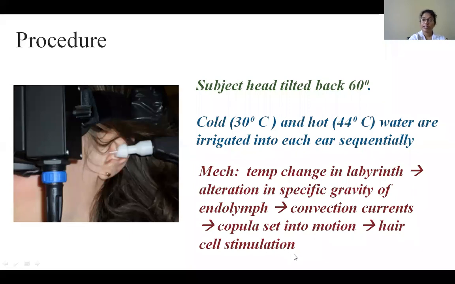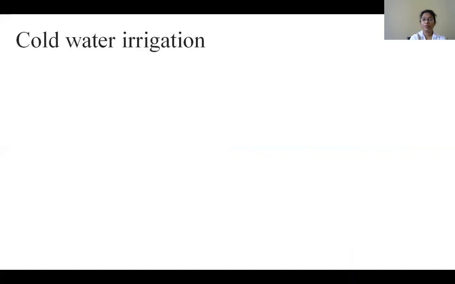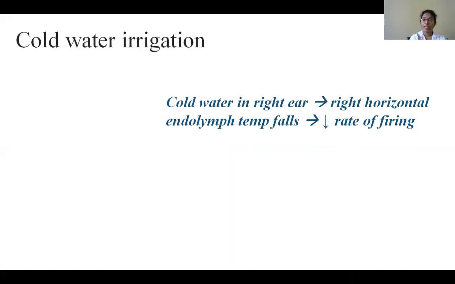When the hair cells get stimulated, it reflects as if the head is set into rotation. So what will happen when you irrigate with cold water? When you irrigate with cold water, the right horizontal endolymph temperature will fall. If there is a fall in the temperature, that will reduce the rate of firing from that semicircular canal.